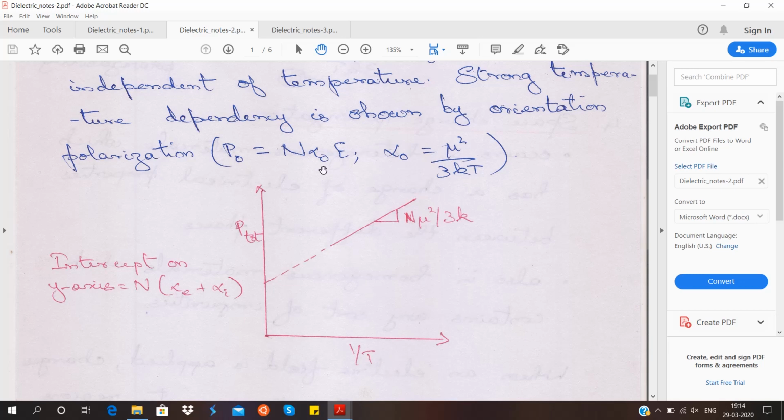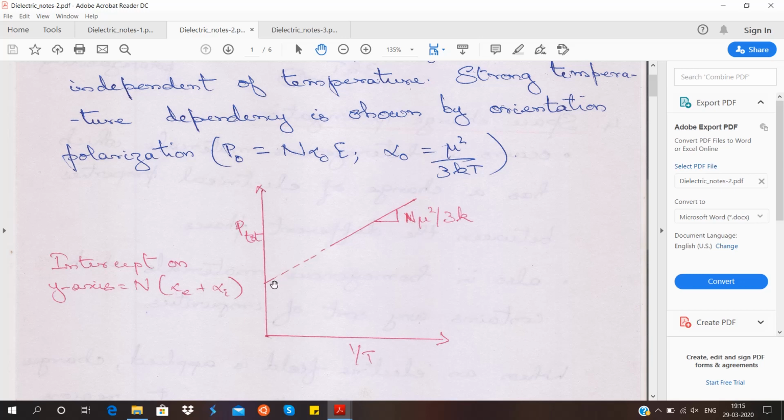You can see that it's N alpha o into E. If I write instead of alpha o its value, mu square by 3kT, I get N mu square by 3kT into E. N is constant, mu square is a constant, 3k is a constant. So it's directly proportional to 1 by T. So the total polarization will be proportional to 1 over T. If I plot, I will get a linear relation, and the slope of this curve will give me the value of N mu square by 3k.